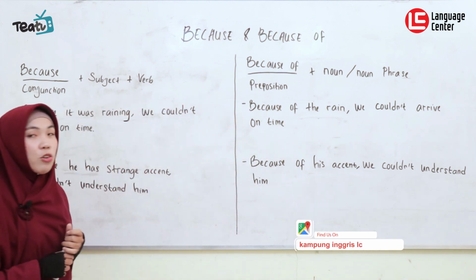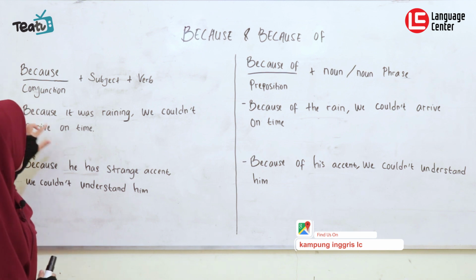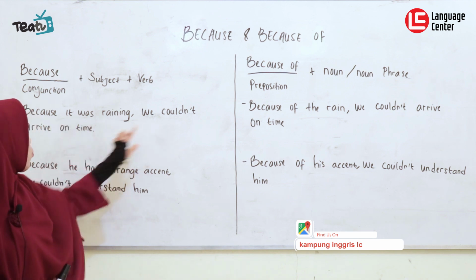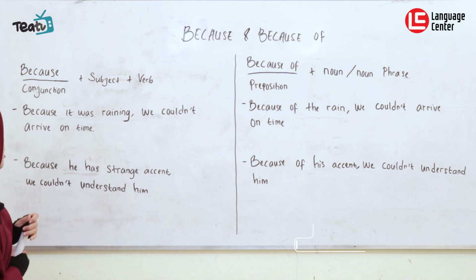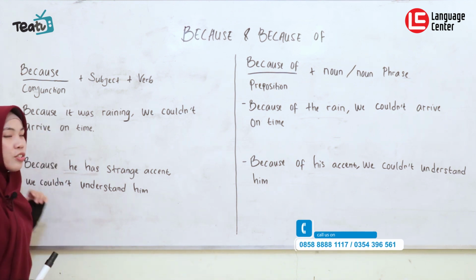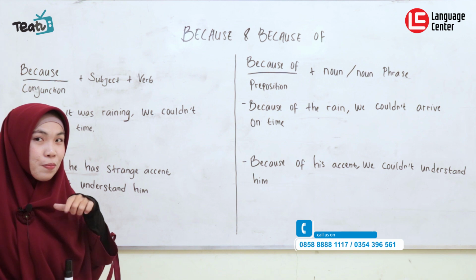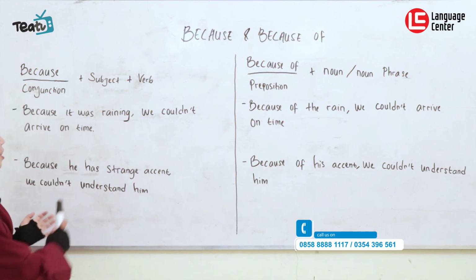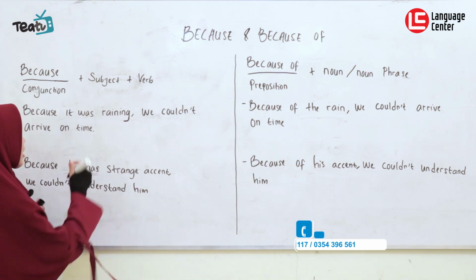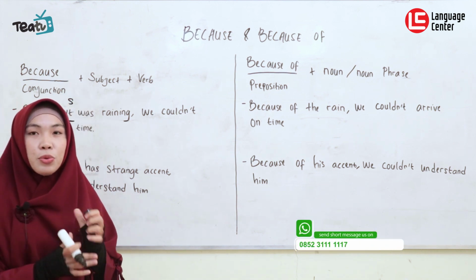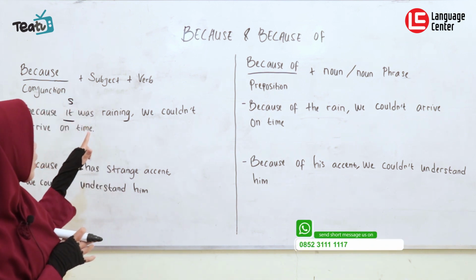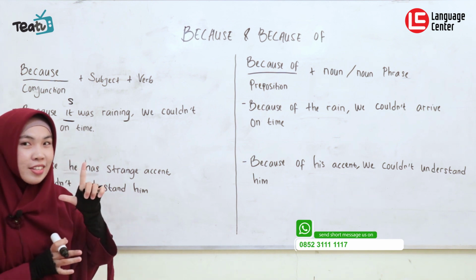Let's take a look at the examples. Number one: Because it was raining, we couldn't arrive on time. In this sentence, there is because. Can you guess which one is the subject? Okay, good. The subject is it. Next we have to find the verb.